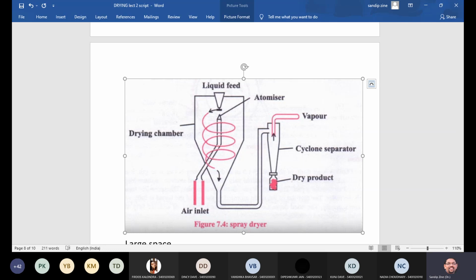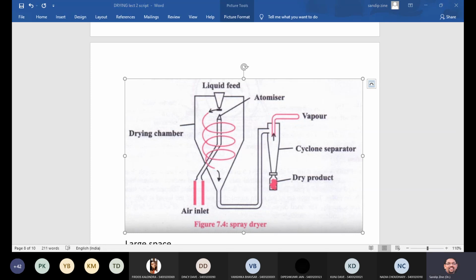The role of this is just to throw whatever dried particles are there directly towards the bottom. They do not stick on the sides here, and the vapors you can easily remove from this particular outlet.